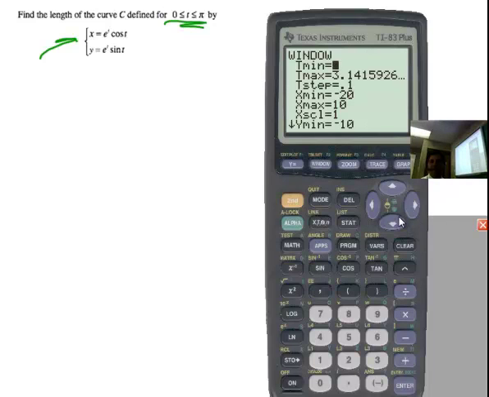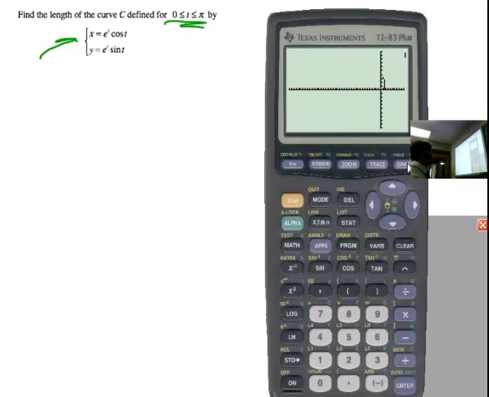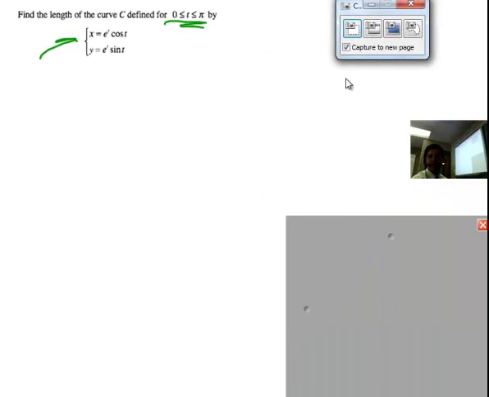Does it keep going? Interesting. So here's our graph, and that's what the graph looks like. But to find the arc length from 0 to pi, let's take a picture of this so that we have it.